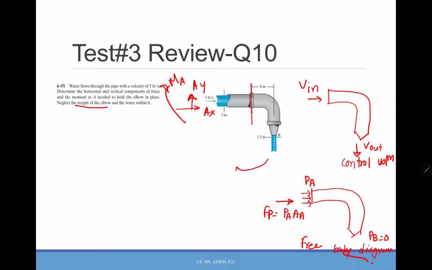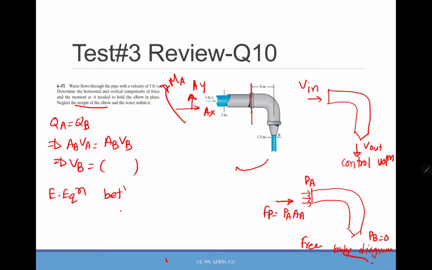Okay, so for the V out, you can say QA equals QB. So AA VA equals AB VB, that will give you the VB. And you need to know the pressure, so you can apply the energy equation between A and B. At A you don't know the pressure, you know the velocity, which is 5, and ZA.